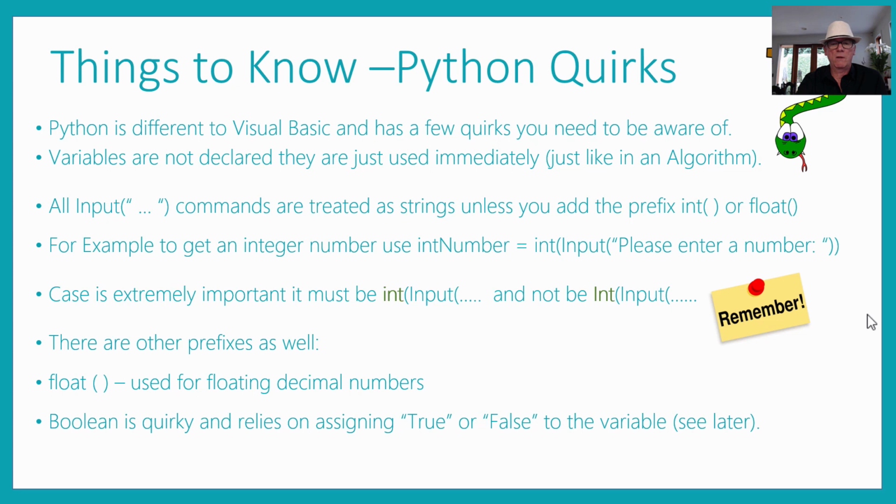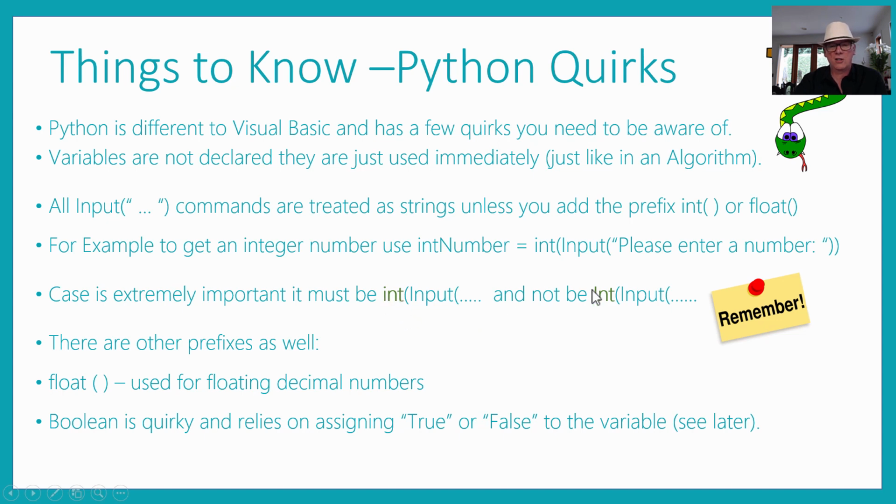And so your input commands are treated as strings unless you add a prefix onto them of int or float, which we'll look at in more detail in a minute. And also the case, the capital letters or small letters, is very important. So if you want something to be input as an integer number, it needs to be little int.